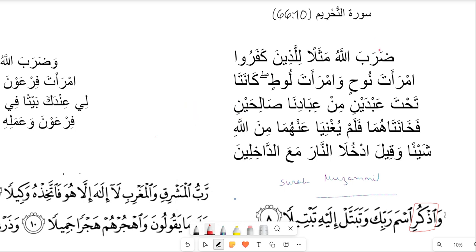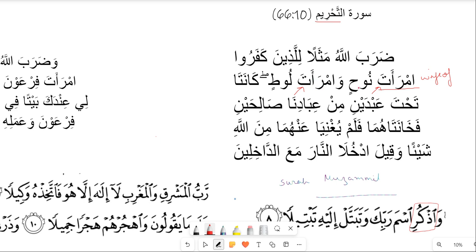With the complete open ta. So this is referring to the wife of Lut. It is from surah Tahrim. That's why I gave this example of imra'ata Nuhin wa imra'ata Lutin. So you can see there is an open ta and it's not written with ta marbuta, because here it is referring to the wife of Nuh and the wife of Lut.